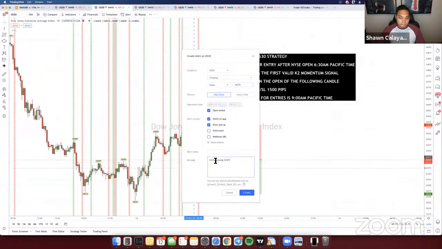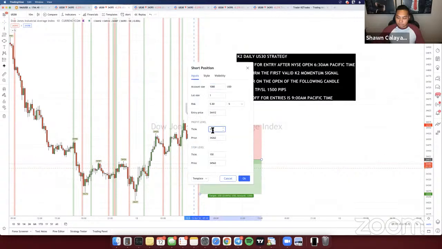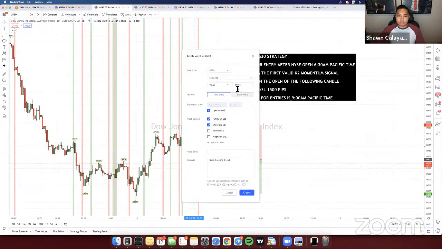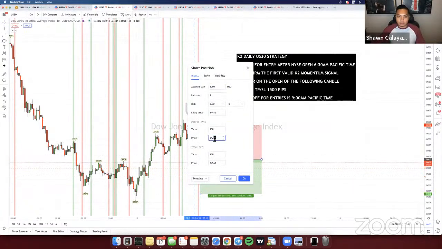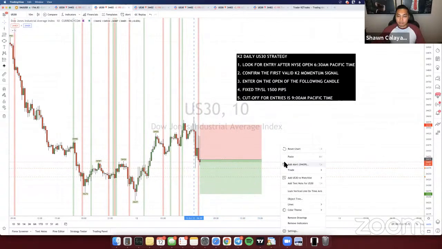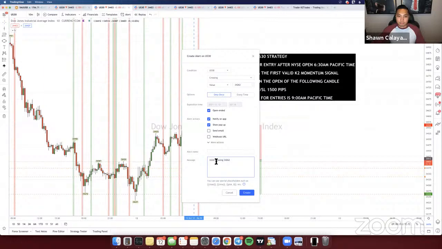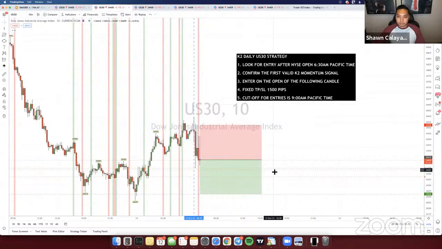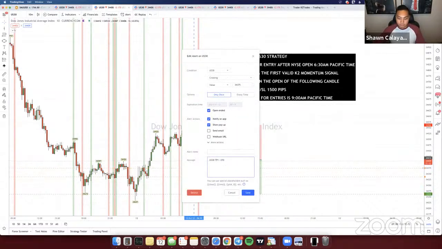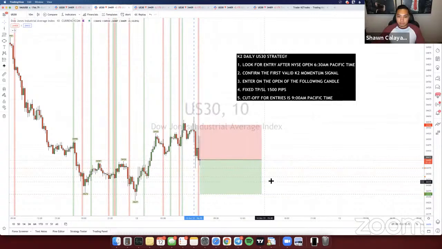This is going to be TP1, 70, TP2, 750, and then full TP, obviously. All right, just getting it all marked up here.